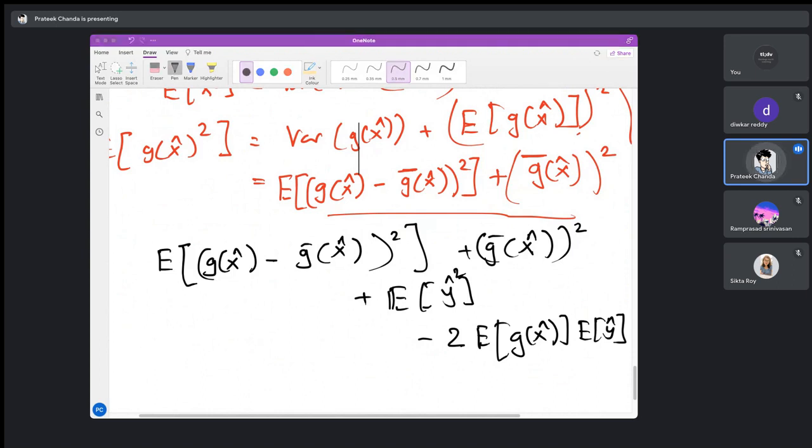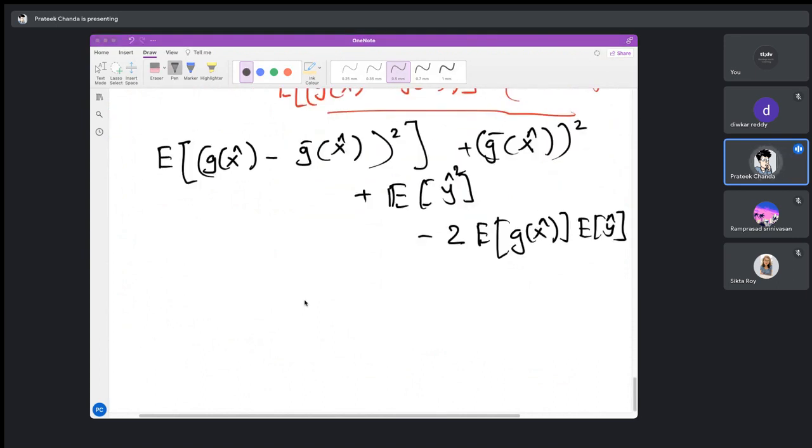So now what I would do is, let me write it in this sense. Expectation of y hat, now I pick this thing.